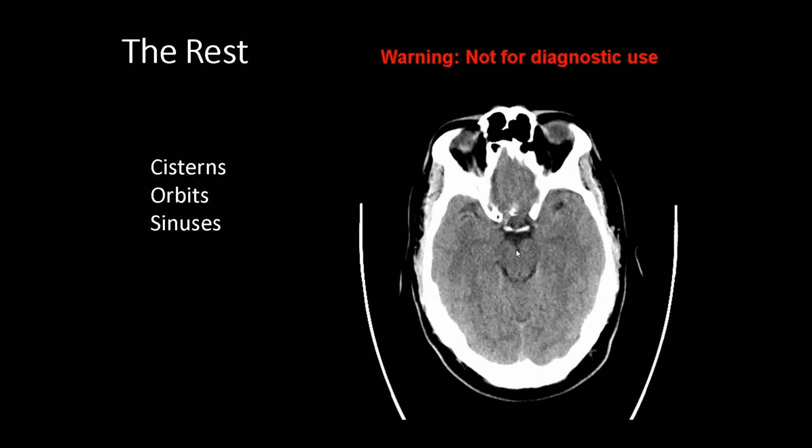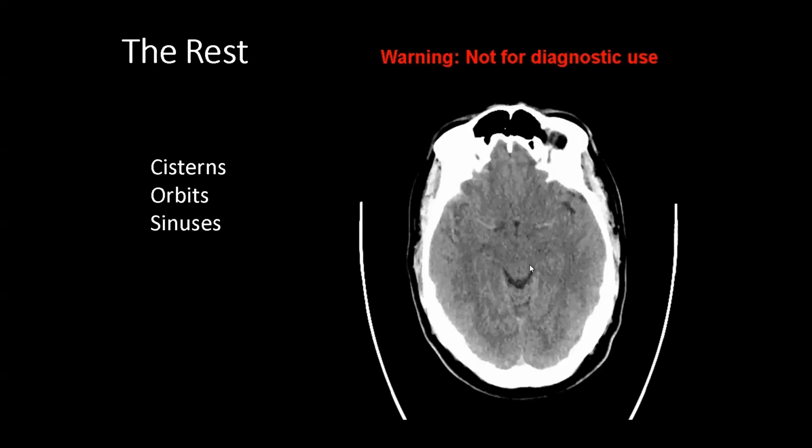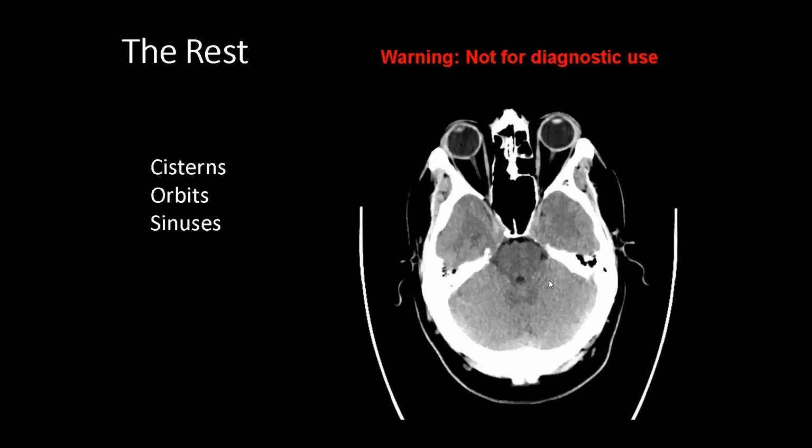Here's your interpeduncular cistern between the cerebral peduncles. There's your ambient cisterns on either side of the midbrain, your quadrigeminal cistern posteriorly, and others. As I said, there's quite a few cisterns. It's really just important to know that there are these basal CSF spaces which contain cerebrospinal fluid around the brain.